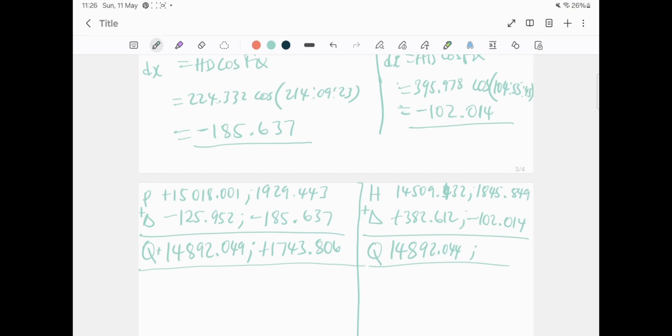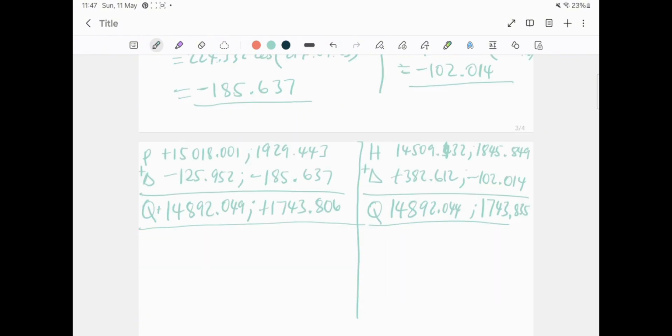So the other side, plus negative 102,014. We're getting 1743,885.